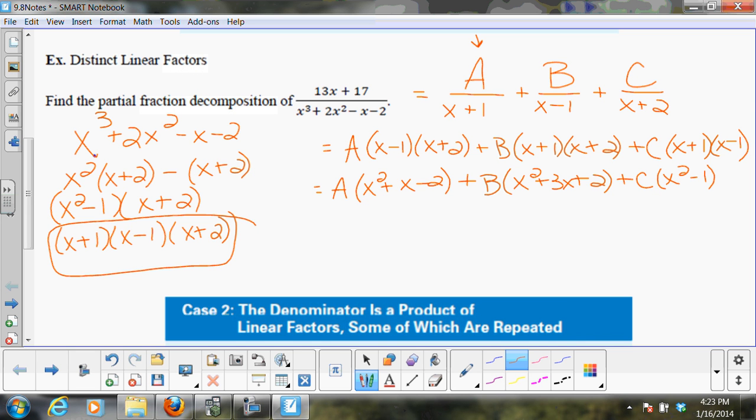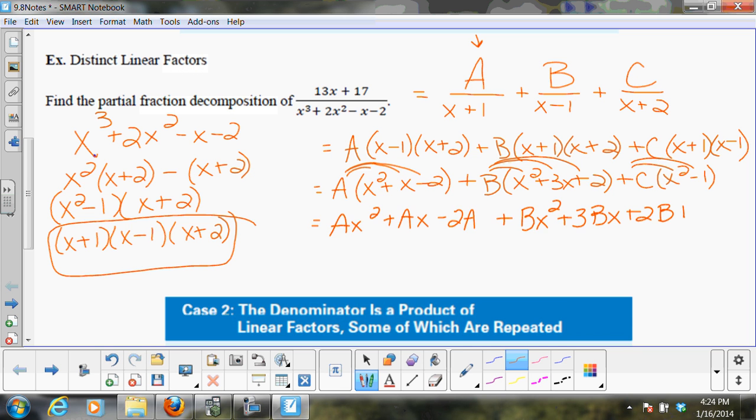We'll do it step by step since it's new. We'll distribute: Ax squared plus Ax minus 2A, Bx squared plus 3Bx plus 2B, plus Cx squared minus C.